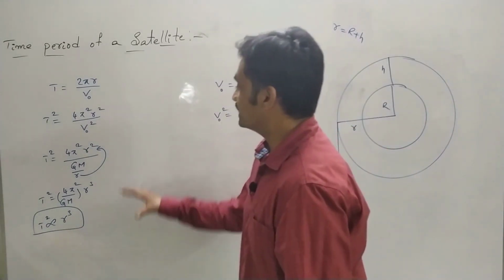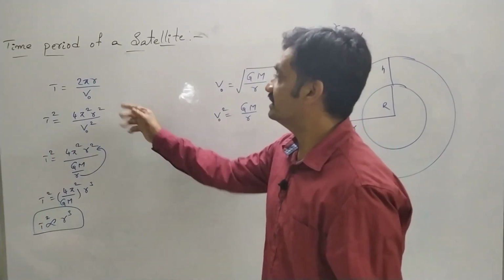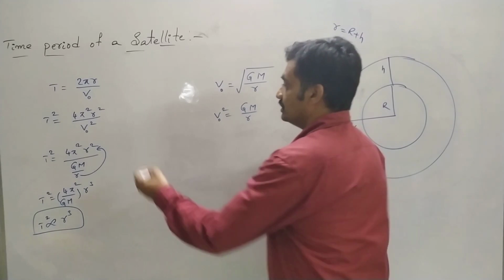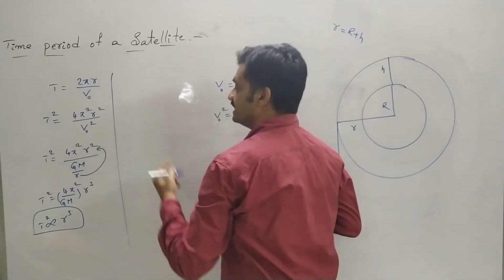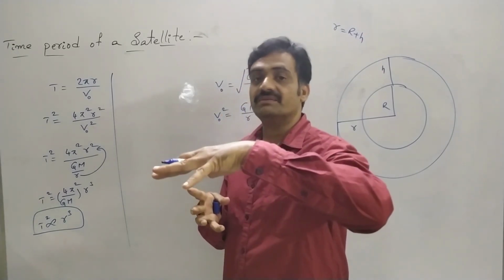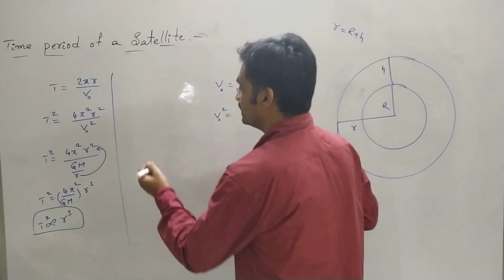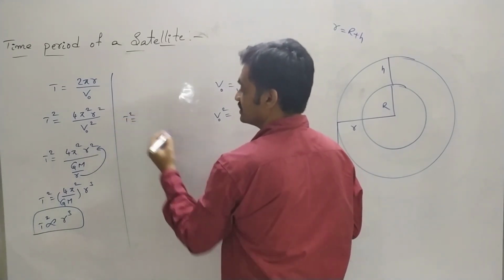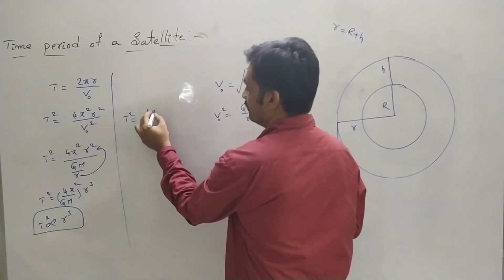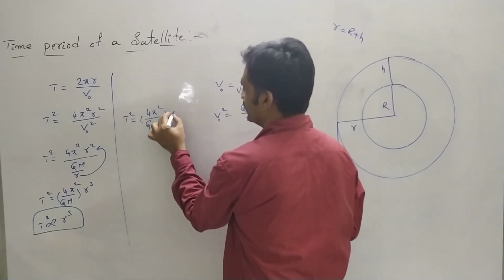So based on this expression, we have to represent the conditions for the time period of the satellite. Represent the height of the satellite from the surface of the planet based on this time period expression. Observe that T square equals 4 pi square by G M into r cube.